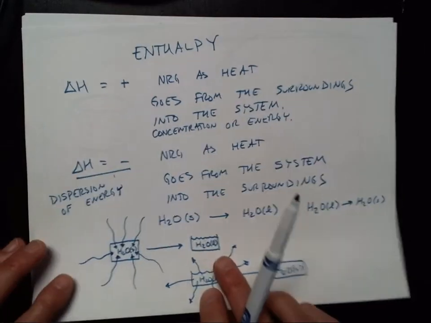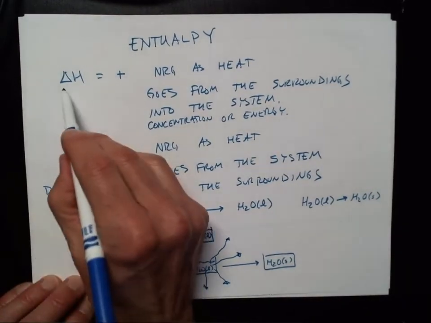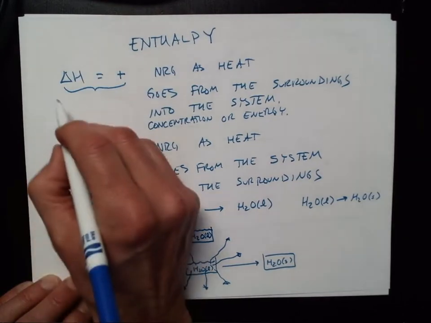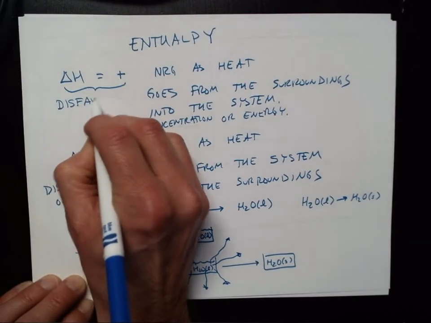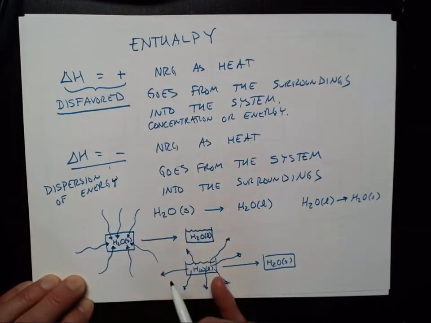So just by looking at probability alone, we see that positive delta H, or endothermic processes, tend to be not favored, so these are disfavored, on the basis of probability alone.